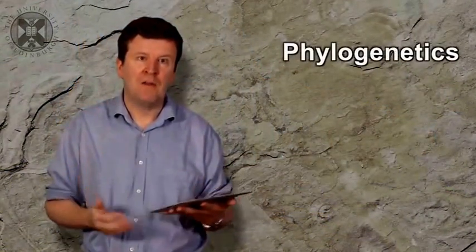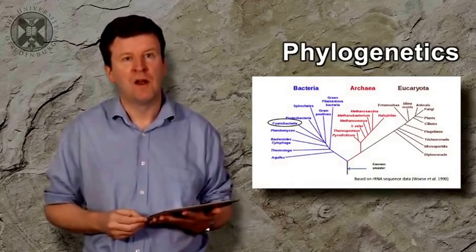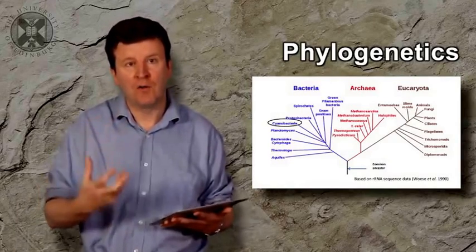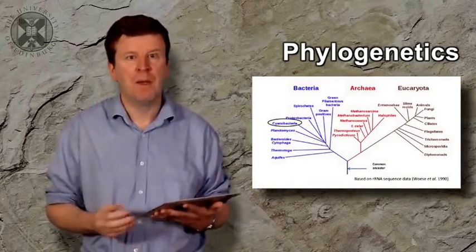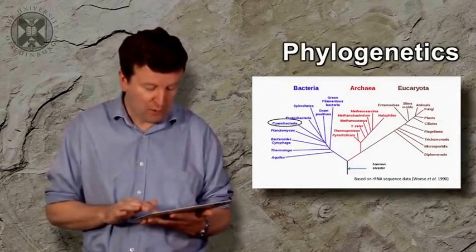How do we reconstruct these past oxygen environments on the early Earth? How do we know that oxygen rose in this way? Well, there are a number of ways in which scientists can do this. One way is to look at the phylogenetic tree, to look at the relationship of organisms, and to try and see when the first oxygen-requiring organisms appeared in the tree of life, and how that matches up with the geological record.